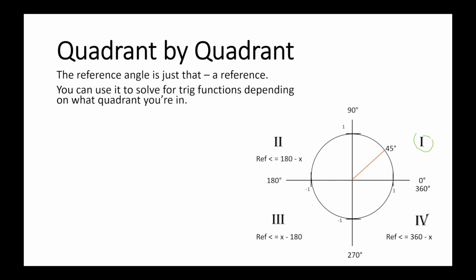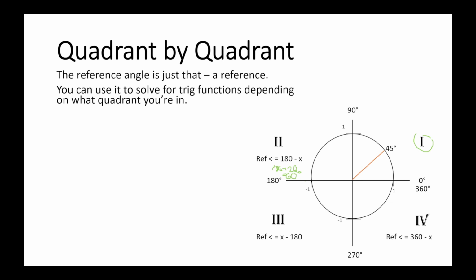So in the case of 120 degrees, I would do 180 minus 120, which would end up being 60. So I would know that my reference angle is 60 degrees. My reference angle tells me a certain value. Now you've probably already learned about the 3 functions, sine, cosine, and tan.